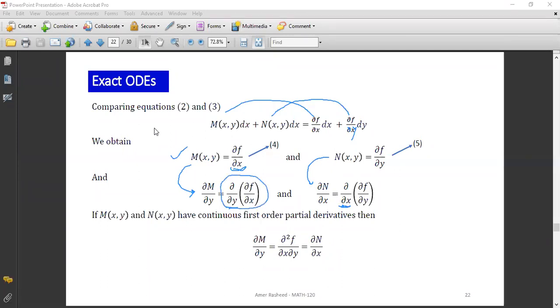If f of x, y is continuous, then we can write this as partial squared f over partial x partial y, and similarly this can be written as partial squared f over partial x partial y. So if these are equal, then partial M over partial y is equal to partial N over partial x.